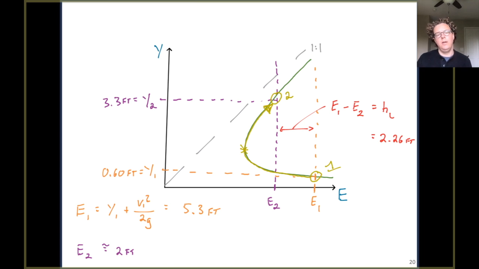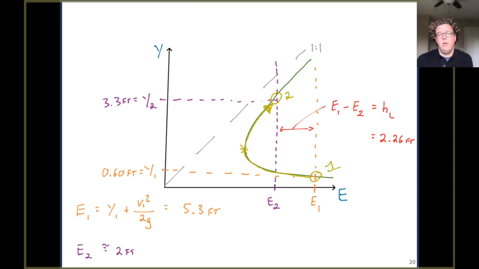Not only are we going from the supercritical arm to the subcritical arm, but we've had a net loss of energy due to that turbulent mixing. So E2 is to the left of E1 because you have less specific energy downstream of the jump. How much less? Well, that's equal to the amount of head loss that occurred, or the amount of energy dissipated in turbulent mixing.